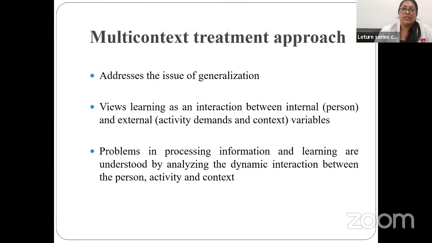Now the problems in processing information and learning are understood by analyzing the dynamic interaction between the person, activity, and context. We are analyzing the problems in the cognitive dimensions by analyzing interaction between person, activity, and context.